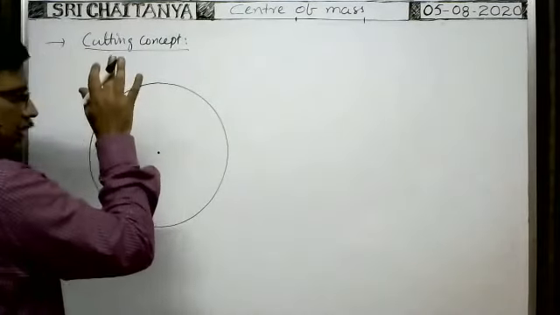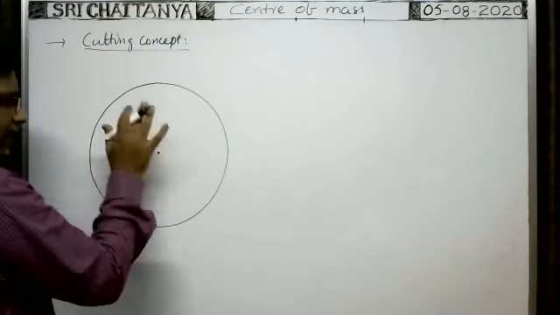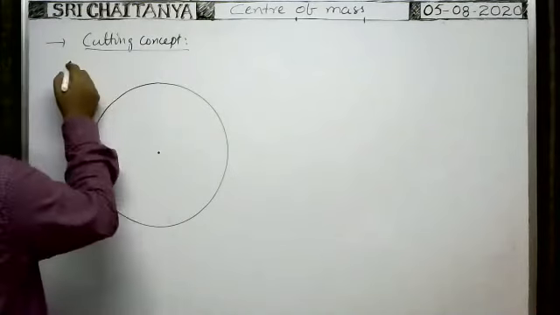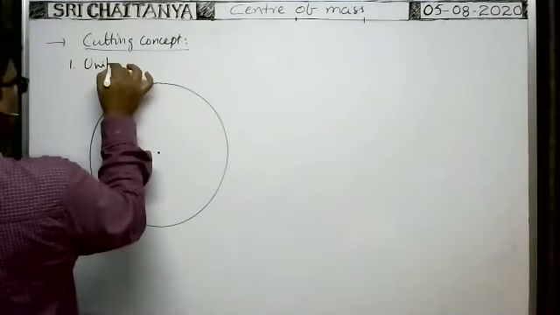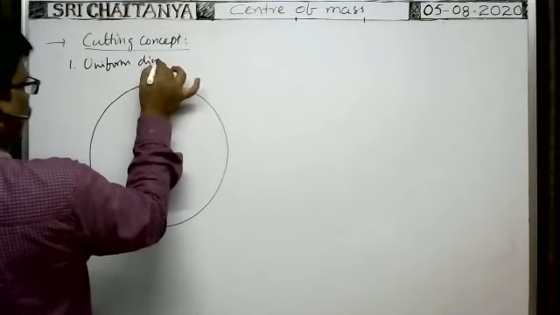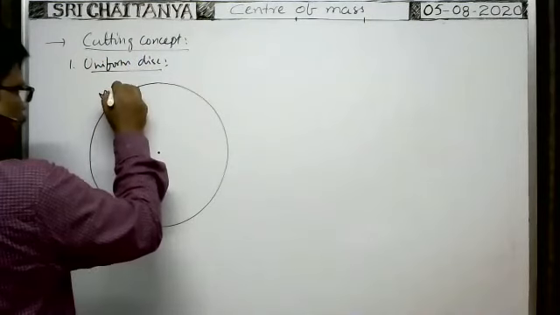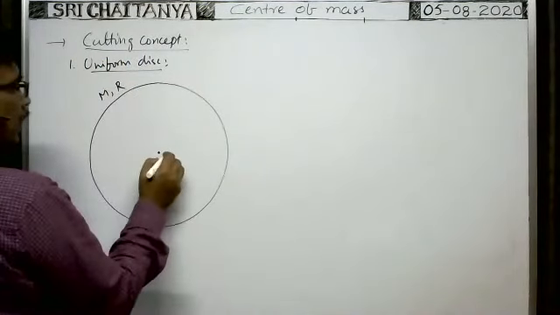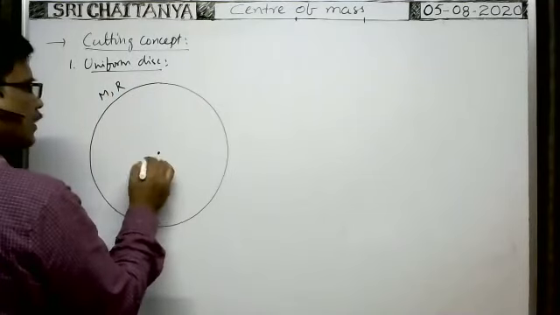Then that is called a uniform circular disc. Consider a uniform disc of mass capital M and radius capital R. The center of mass of the circular disc initially lies exactly at this point. You say that as the origin.